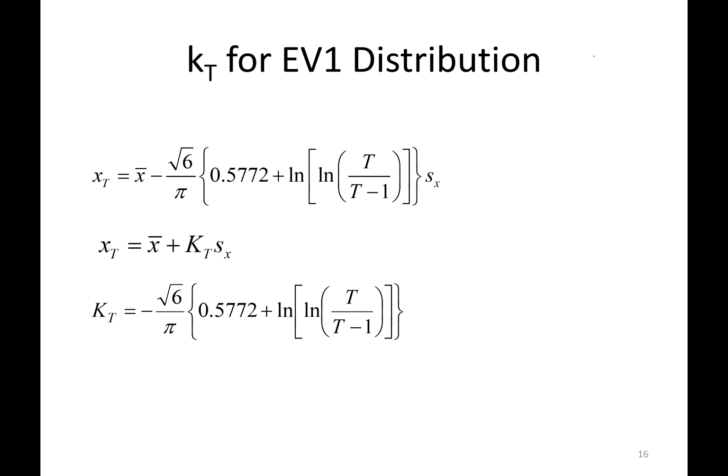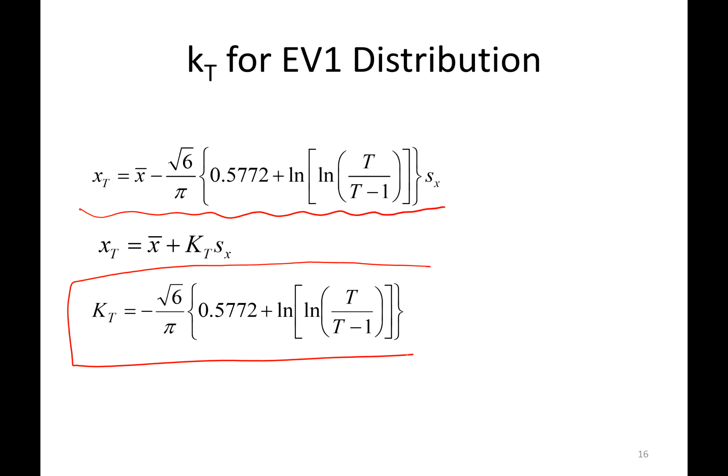With the EV1 distribution, because it is invertible, we can just use the expression that we had before to come up with an expression for kt. So if we are using the EV1 distribution, this is the expression for kt. Once you know what kt is, then you can just put that in this expression and get xt. xt again, just read this as qt.